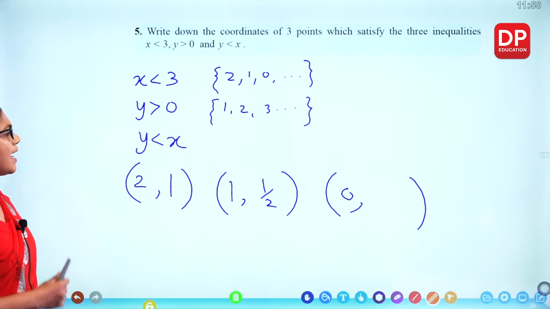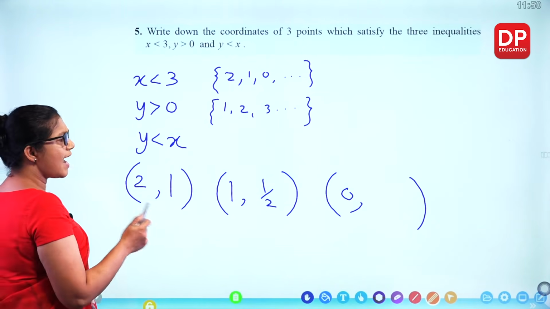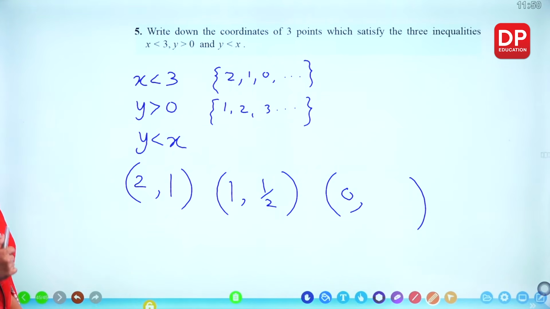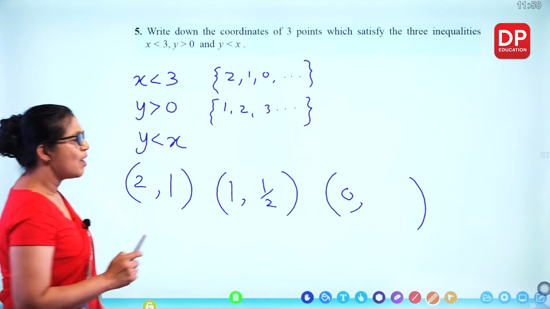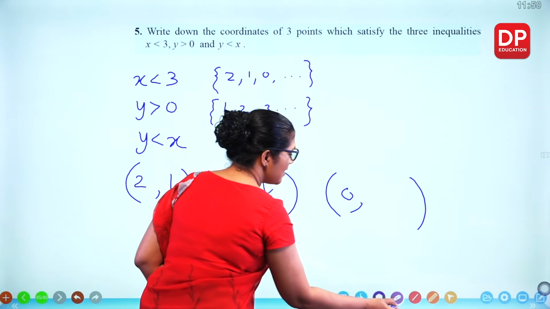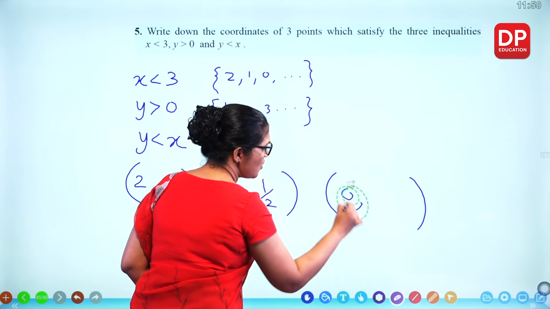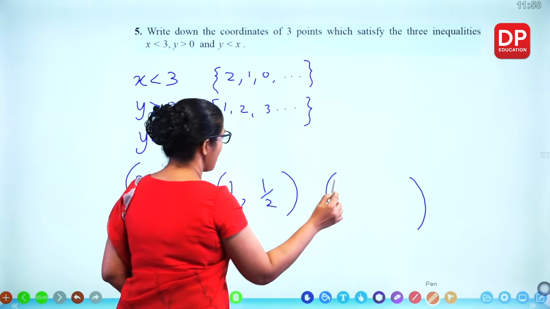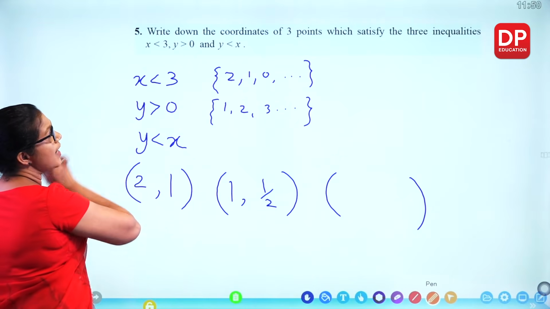What about any value less than 0? Can you write any positive value less than 0? We can't write. So that means we can't take x as 0 there. So we need to think about another value. We'll take 3 or something. No, you can't take 3.